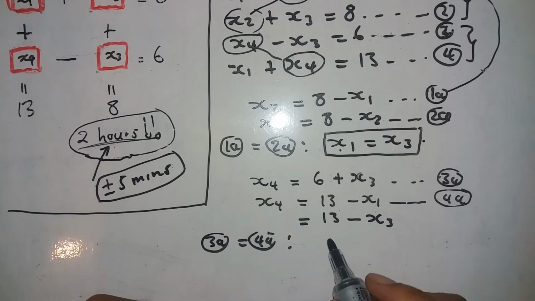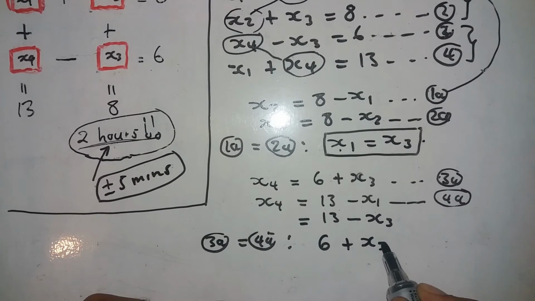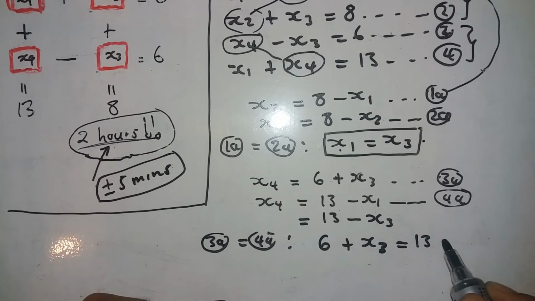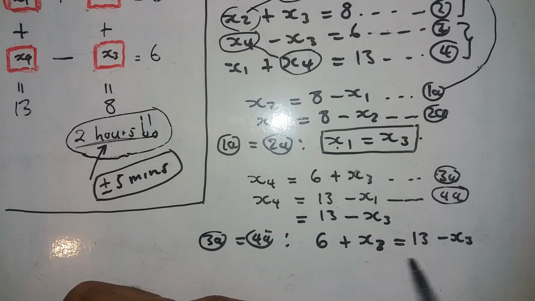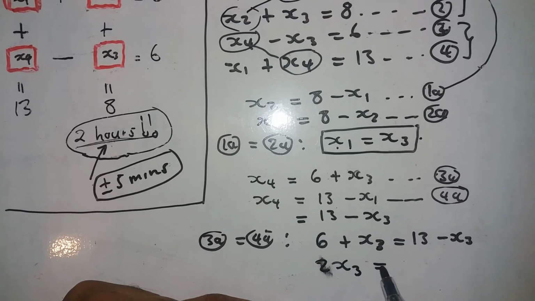I get 6 plus x3 equal to 13 minus x3. This is a linear equation, so solving for x3, I get 2 x3 equal to 13 minus 6, so x3 is equal to 7 over 2.